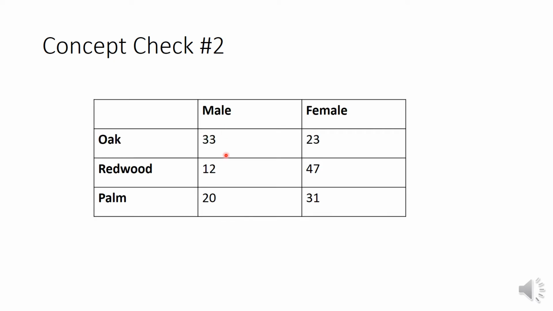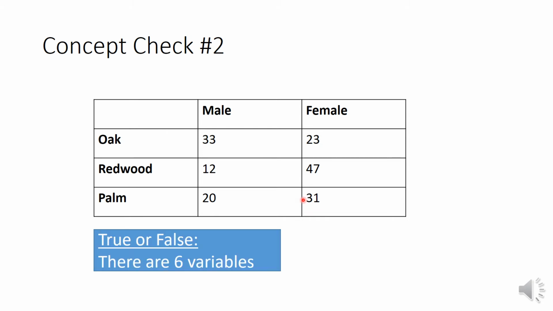And so while I'm exploring, I notice that there are 33 male oak trees, 23 female oak trees, 12 male redwood trees, 47 female redwood trees, and 20 male palm trees, 31 female palm trees. So, true or false? There are 6 variables that I explored here.